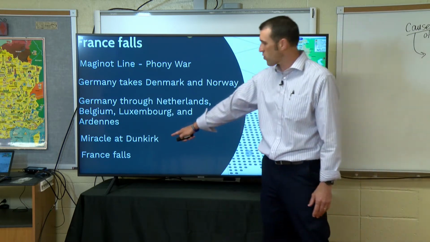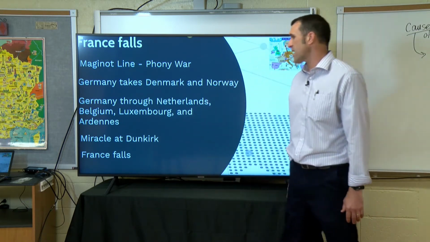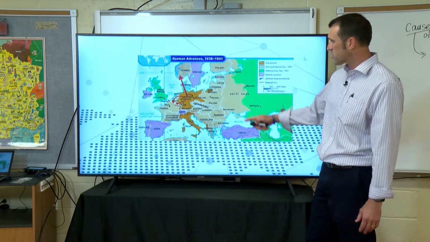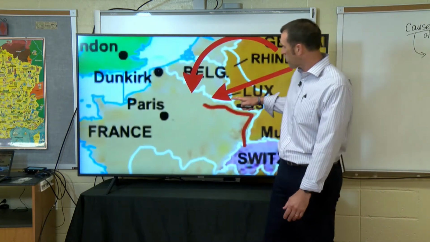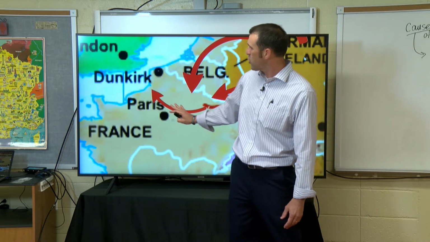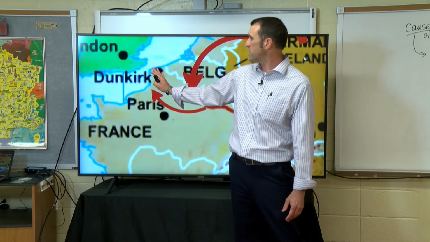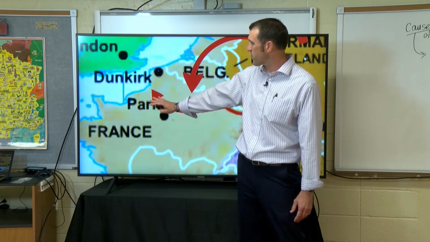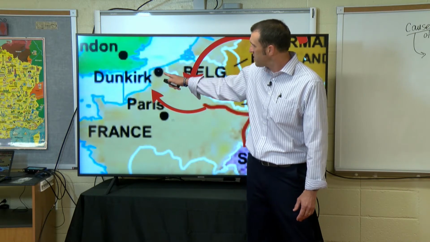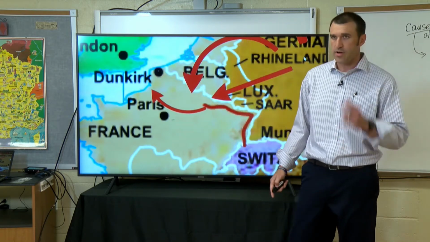And one of the coolest stories of World War II is this miracle at Dunkirk. As German forces pushed British and French soldiers back to the coast, there was this little coastal city called Dunkirk.